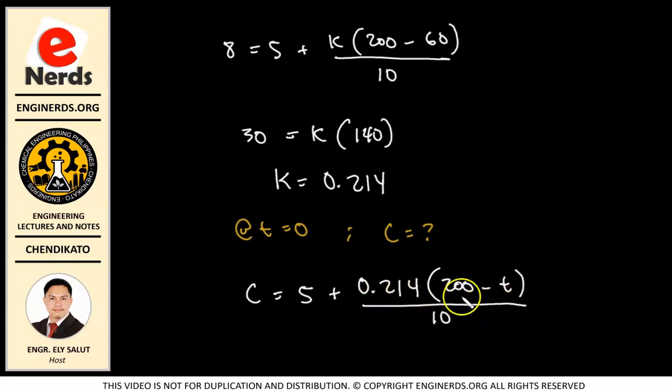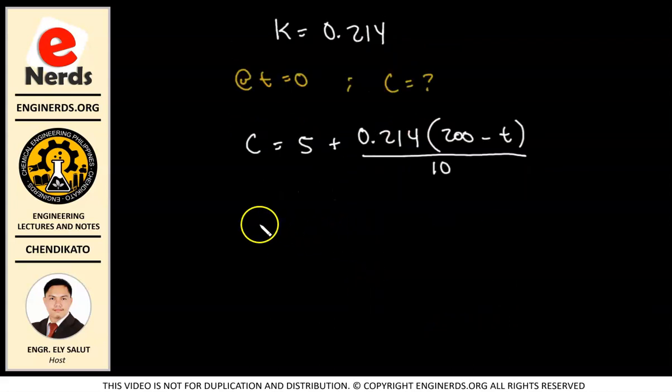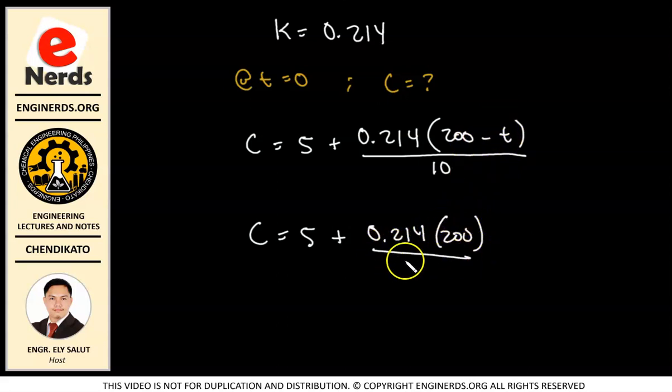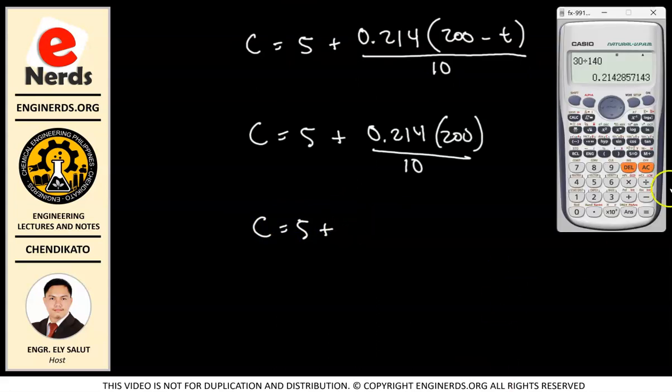So time is equal to 0, so we need to find C. So we have C is equal to 5 plus 0.214 times 200 minus T, which is 0, so we have 200 here, divided by 10.